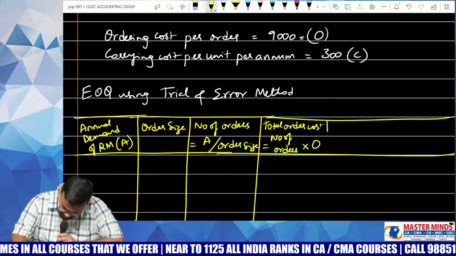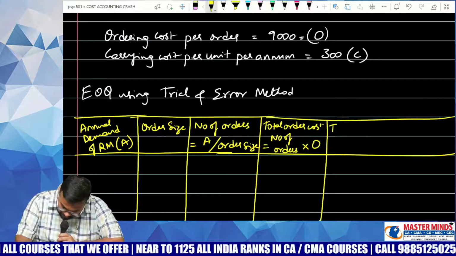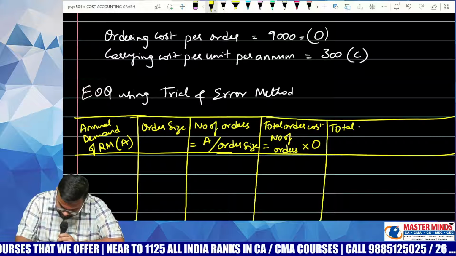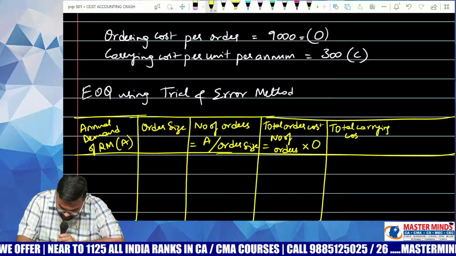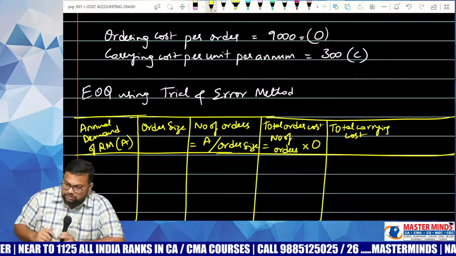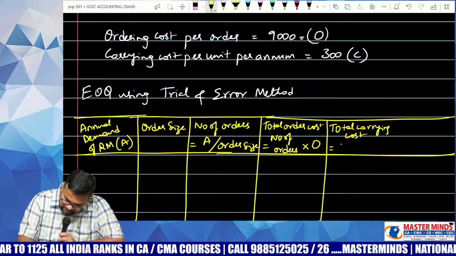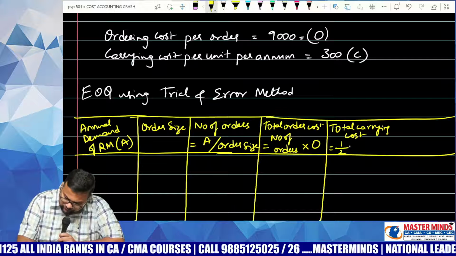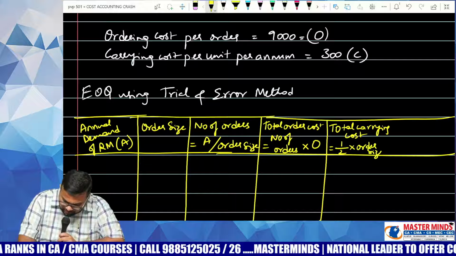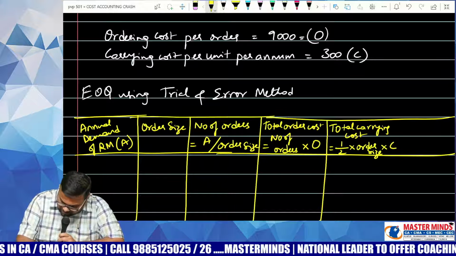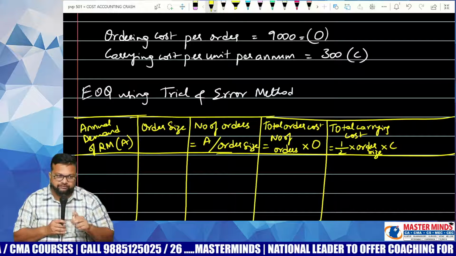Next, total carrying cost. The formula for that one is half of order size into C. Now, why we got that formula, I will explain to you.